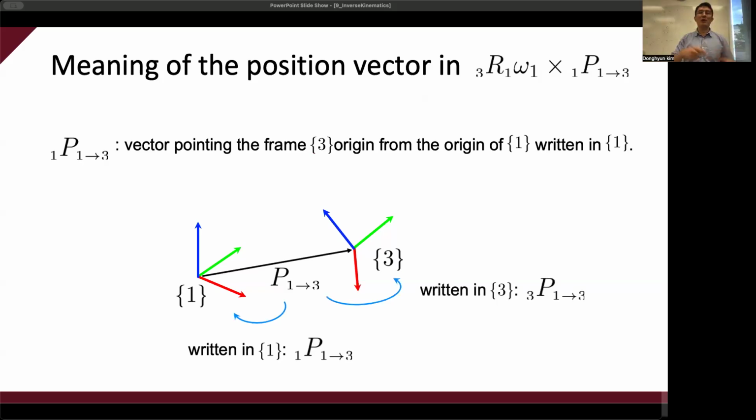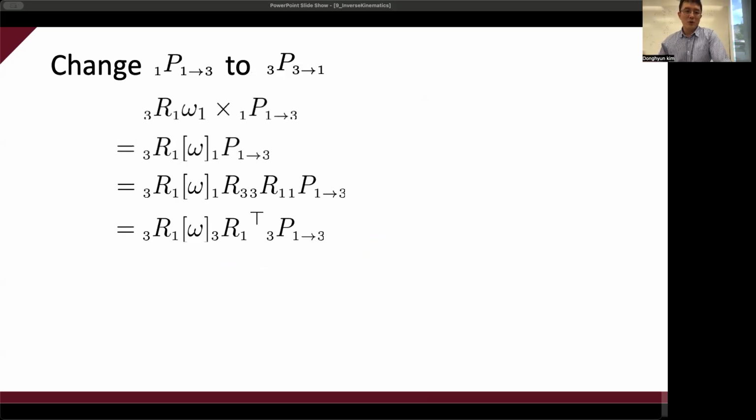So actually you can pick any frame, then you can describe the same vector in a different way. At the end, you're going to get the three numbers, which is the vector form. So it can be all different, but representing the same vector. So that's the coordinate idea. It's not about you changing the vector, you just see the vector in various places. Okay, you got that point, right?